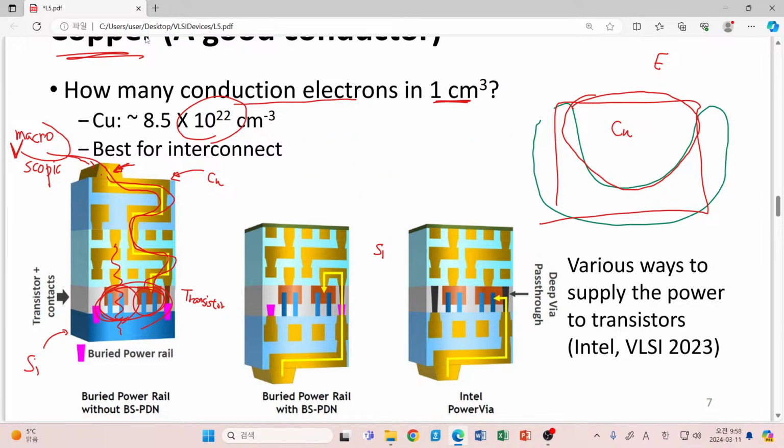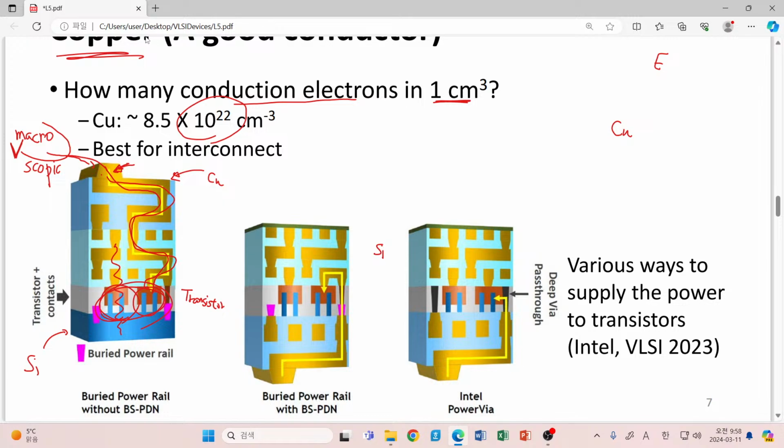For example, certain research institutes say that we must use some noble metals. However, usually they cost quite a lot. So I'm afraid that if we move into these noble materials to make interconnect, then we must spend more money to build the interconnect. I'm not quite sure whether that will be the real research direction or not.